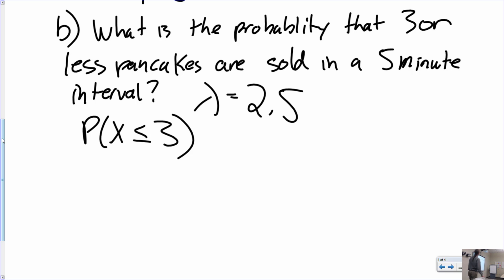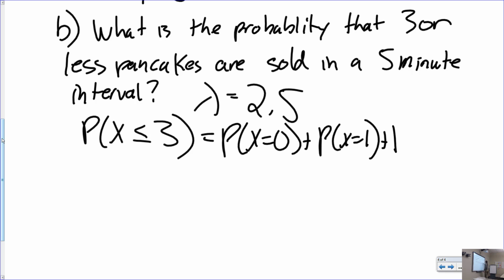I can't do it just by calculating one number. What numbers are less than or equal to 3? 0, 1, 2, 3. The probability that x equals 0, plus the probability that x equals 1, plus the probability that x equals 2, plus the probability that x equals 3.